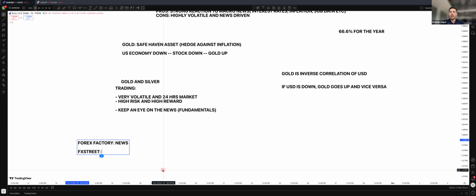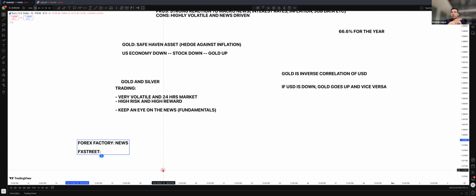FX Street is a website where you see how different assets are performing, how stock is performing, how commodities are performing, how Forex is performing, how crypto markets are performing, so on and so forth. So make sure that you look at both the websites before making any decisions online, before buying any asset or before selling any asset, because it's very important as well.